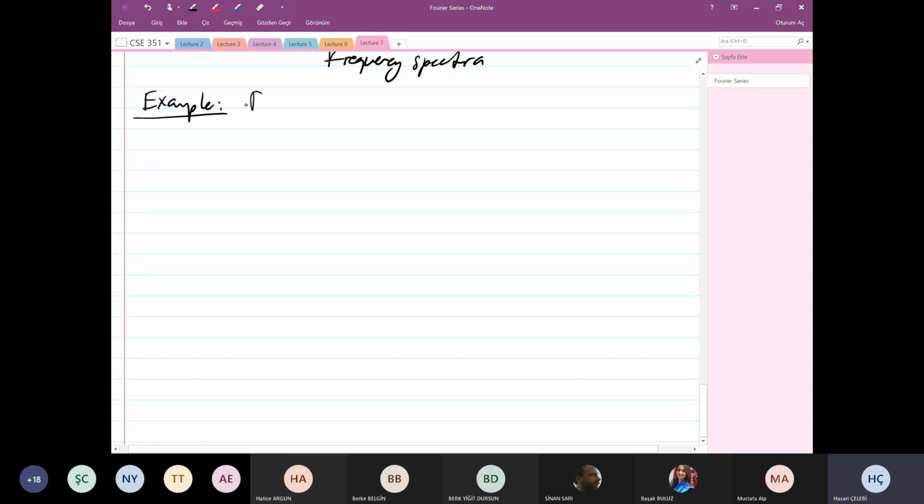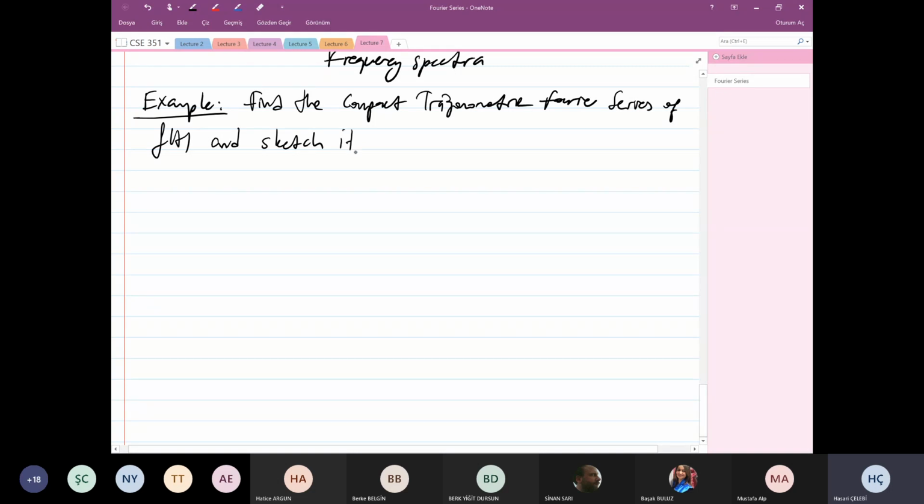Find the compact trigonometric Fourier series of f of t, and then sketch its frequency spectra, meaning the amplitude and phase spectrum.